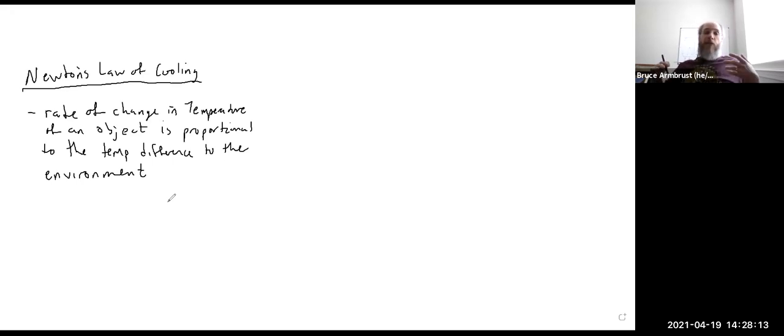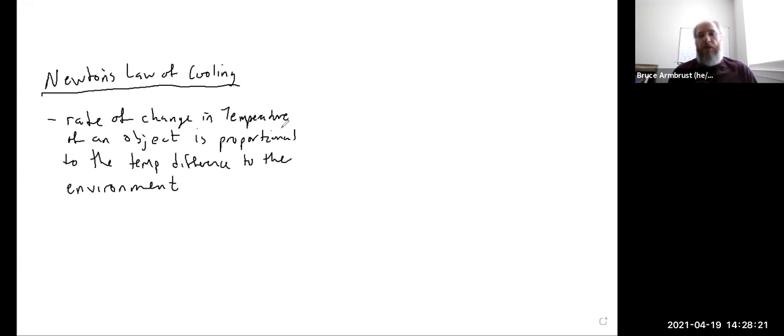So if your temperatures are very similar, let's say the room, and I'm going to use Kelvin just because, if the room is 293 Kelvin and our cup of coffee is 300 Kelvin, they're pretty close to each other, and so there's not going to be a real quick change in temperature.